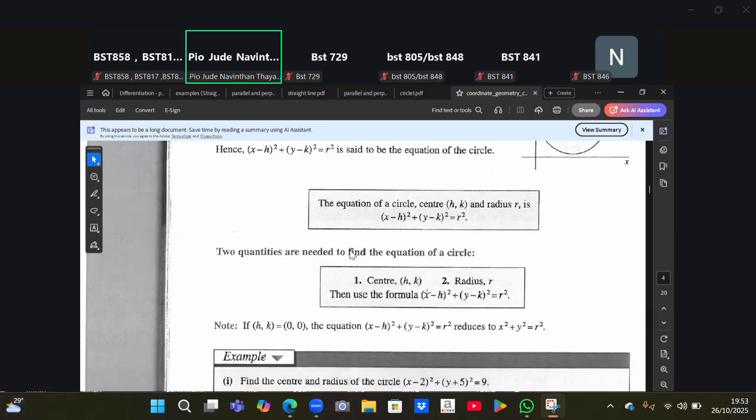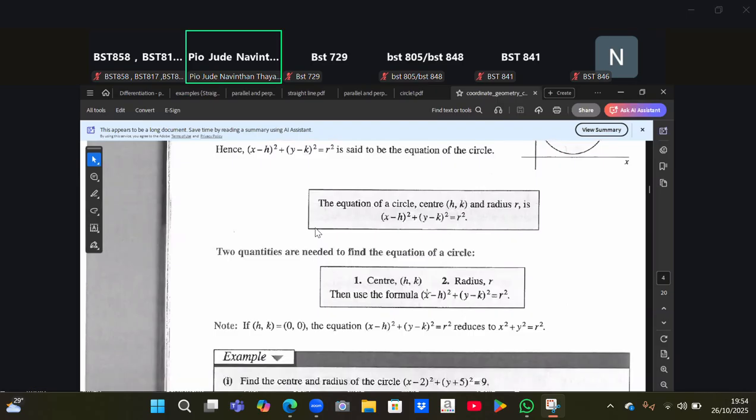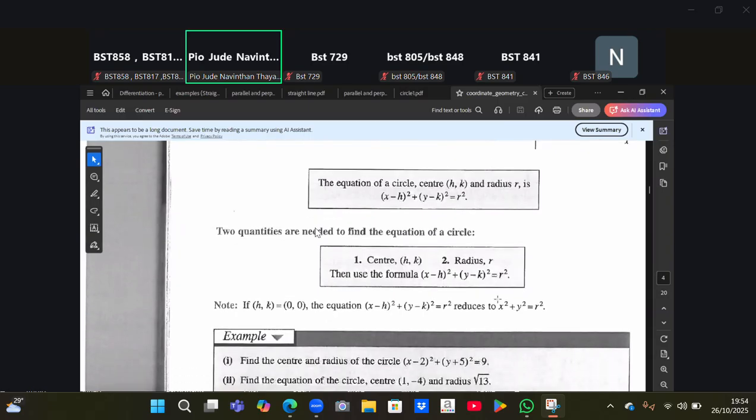If anyone failed to attempt today, then you can guide them, and automatically all the things are in the notes. Easily they can understand. So two quantities are needed to find the equation. What are the quantities? Center and the radius. The center is (h, k) and the radius is r.